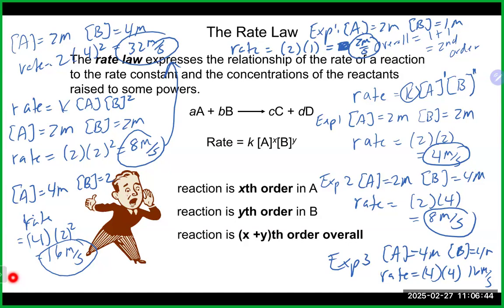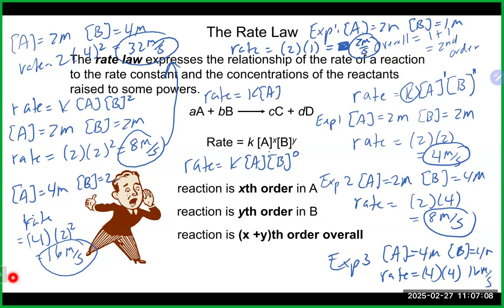What happens if I had this one where the rate is equal to k times [A] to the first order and [B] to the 0 order? What is something to the 0 order, when you take something to the 0 power? It equals 1. So in this particular case, really the rate law is the rate is equal to k times [A].